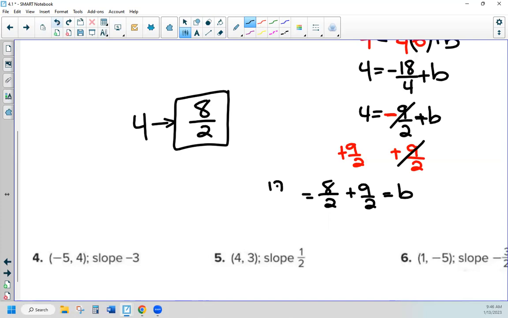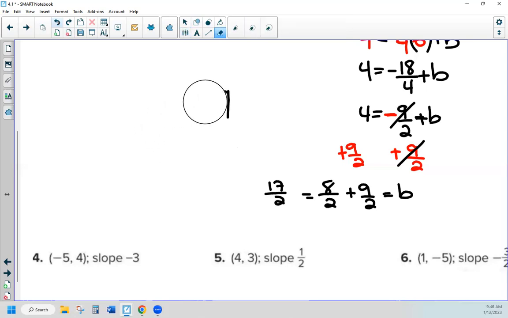All right. So 8 plus 9, what does that give us? That gives us 17. 17 divided by 2 is what? You could leave it as 17/2, or you could just find the decimal value of that. But I'm going to leave it as a fraction. So here we go.